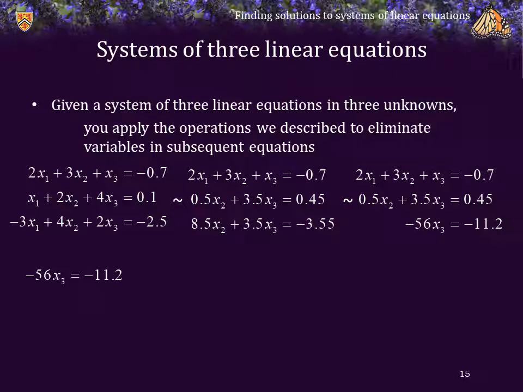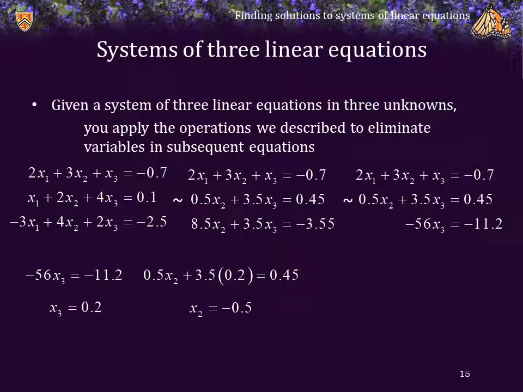So taking that equation and solving for x3, we get that x3 is equal to 0.2. Now, substituting x3 equals 0.2 into equation 2 gives us this equation. But this equation, once again, is just a single equation in a single unknown, x2. So we can trivially solve for x2. So x2 ends up being negative 0.5.